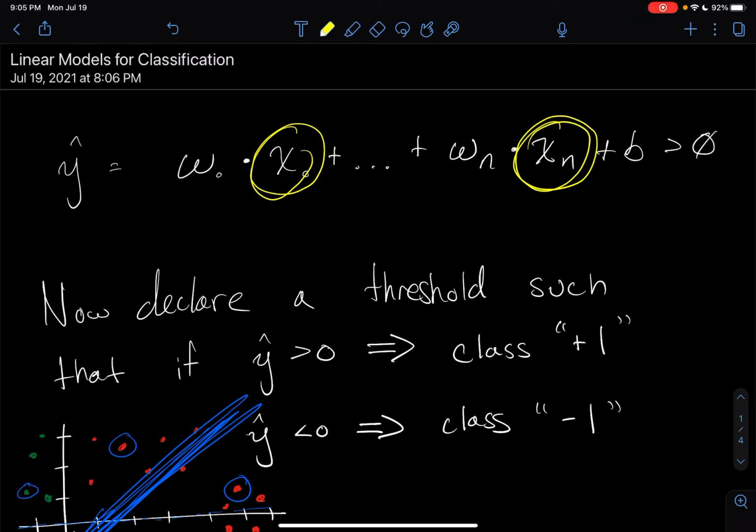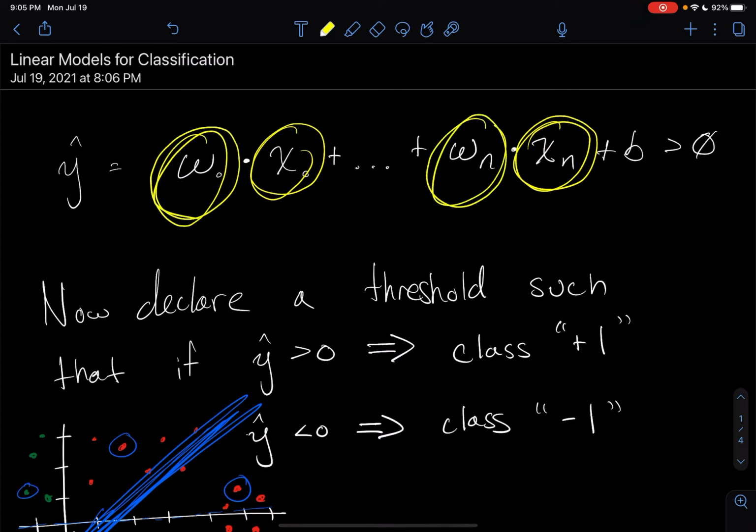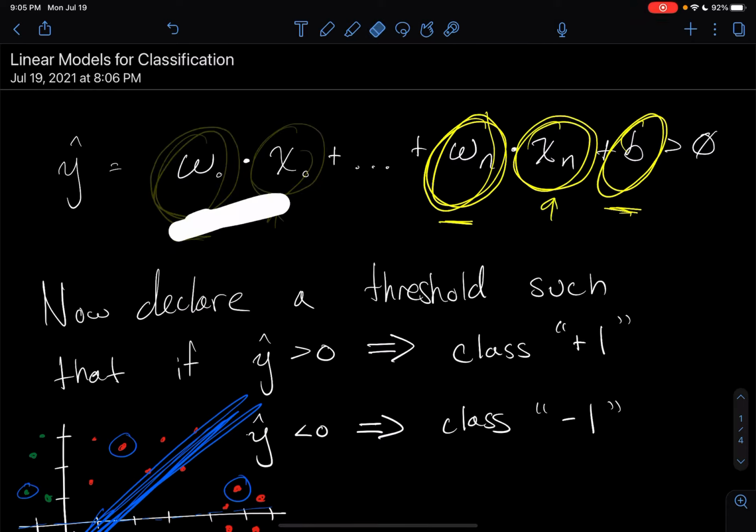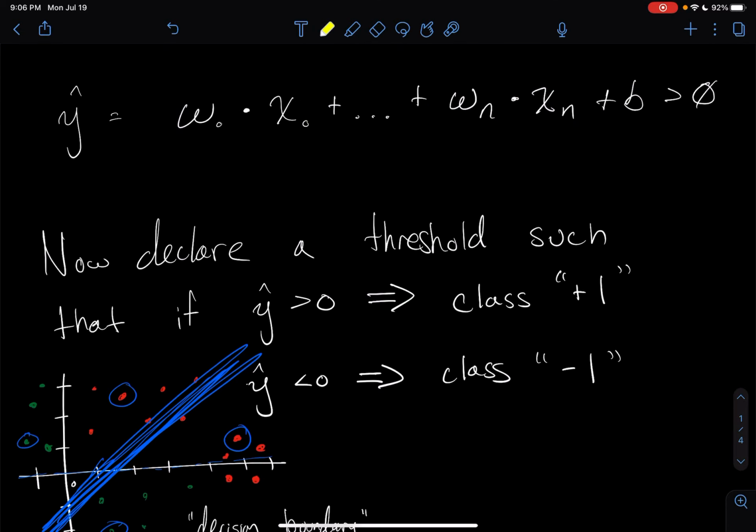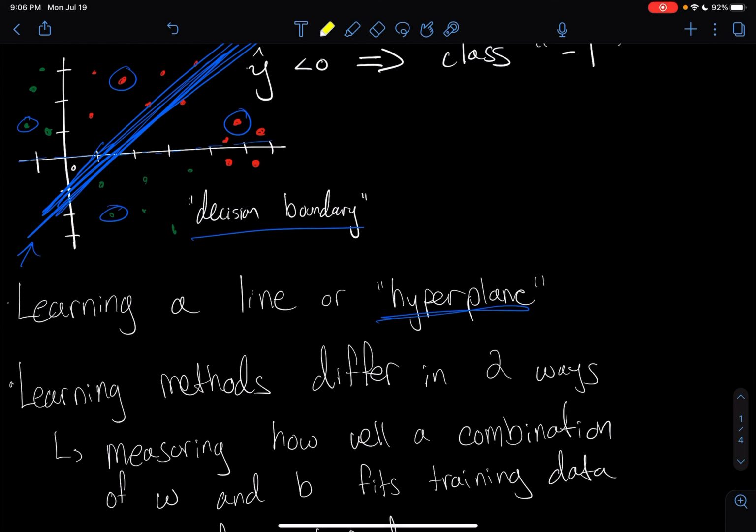The parameters that we're learning are these ones over here, the W's and the B. These are your coefficients, this is your bias, and this is your feature input. So we're learning those parameters to see how well they will fit to the training data, right? Because if we get some respectable ability for these parameters, W and B, to fit to the training data, then we can use those to generalize and introduce new data and classify it with some level of confidence.